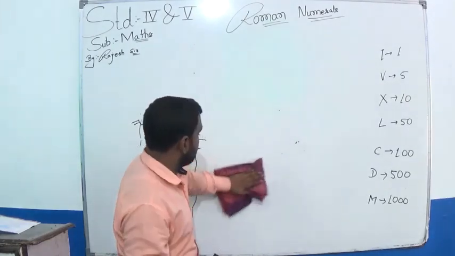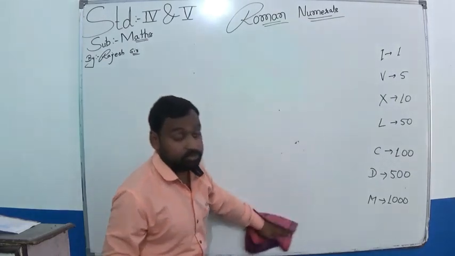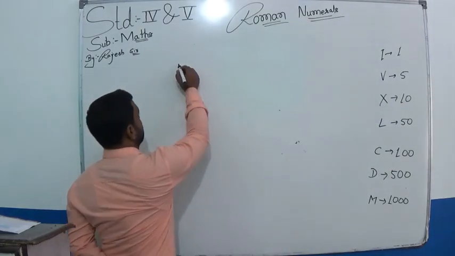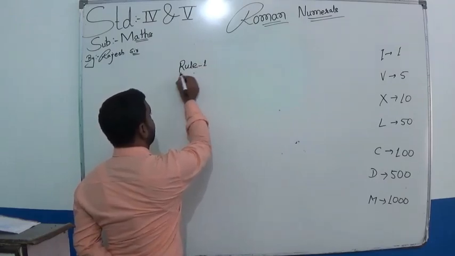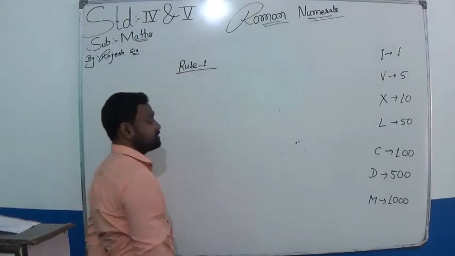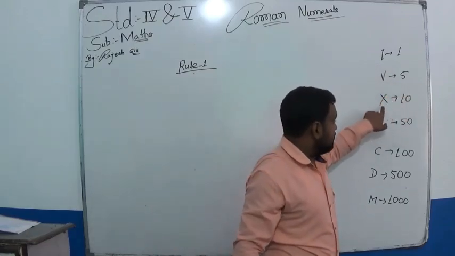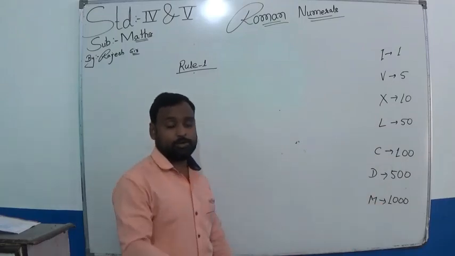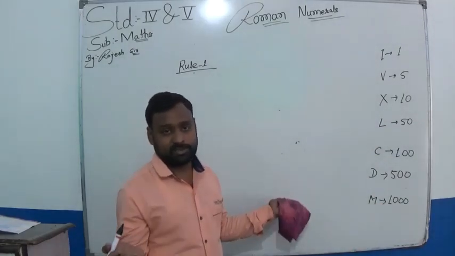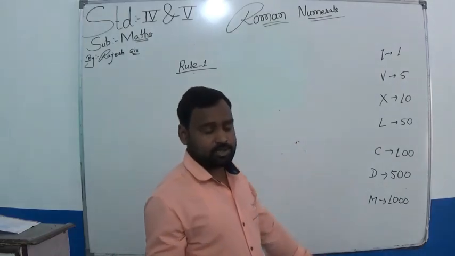Simply I for 1, V for 5 and X for 10, and so on. But how to represent 2? How to represent 3, which are not in this list? So there are some rules.